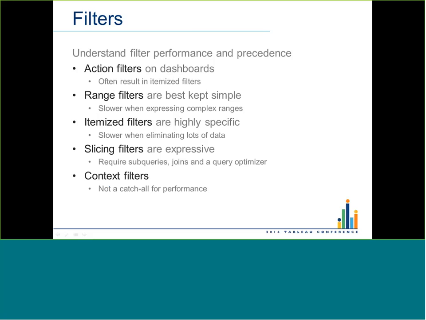Now, it is not a catch-all method for improving performance, and sometimes it can be detrimental to your performance. Case in point would be if you have very few elements that you want to exclude, and you use context filters. Each time you choose a different filter, Tableau will then recreate a temporary table, and that incurs a lot of overhead for the database.